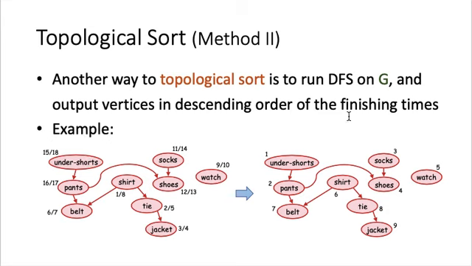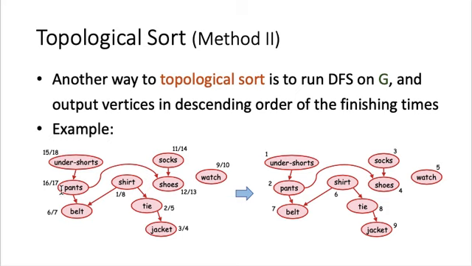Now after we have run the DFS, what we want to do here is that we look only at the finishing time. The larger the finishing time, the smaller in the topological sort order. So here, this is 18, the largest finishing time, so we will mark it as 1.